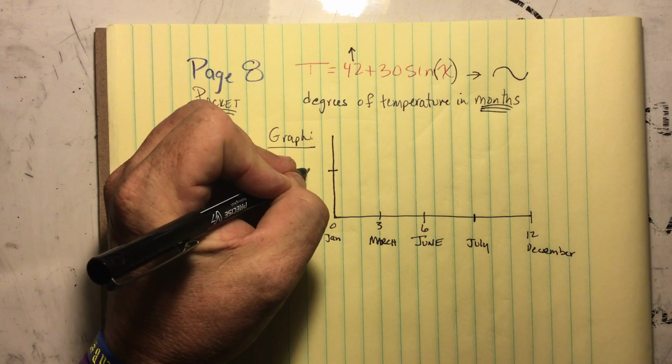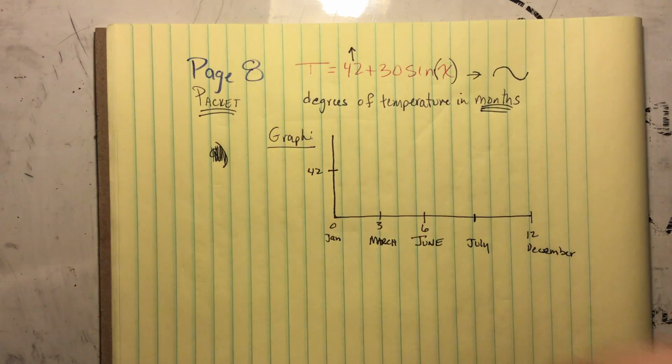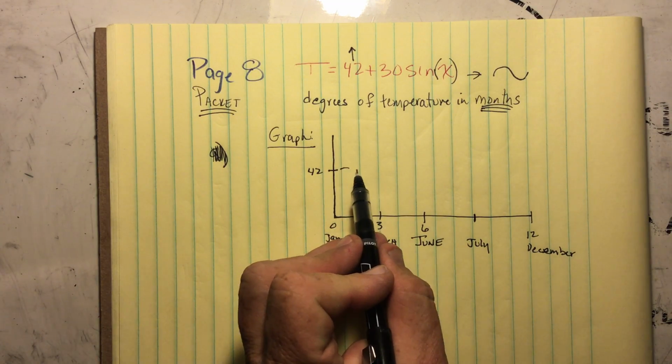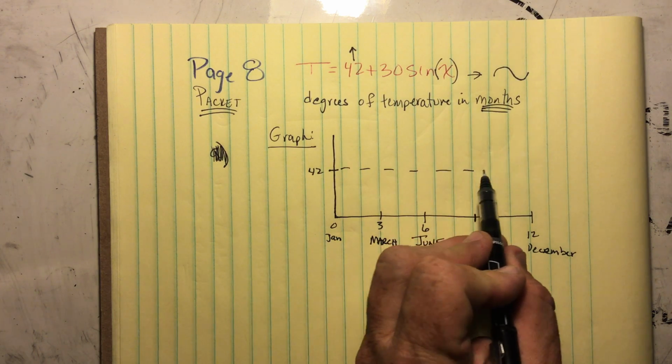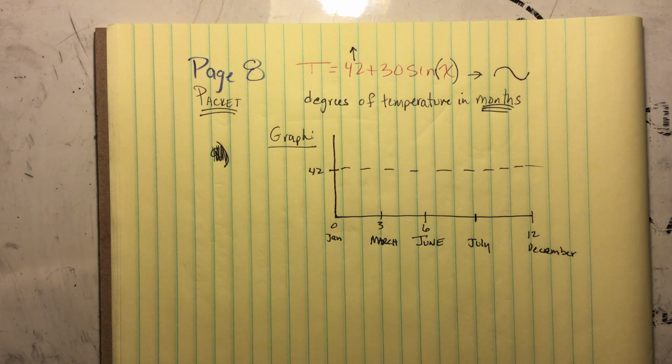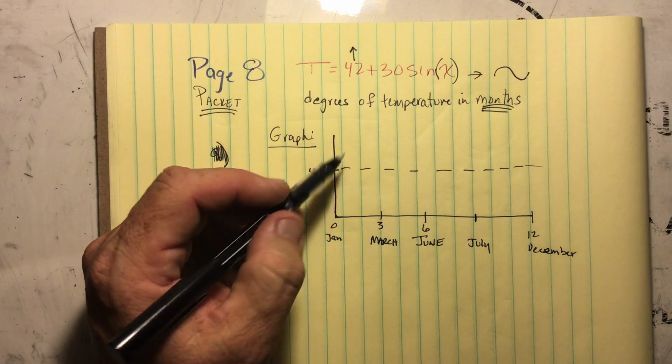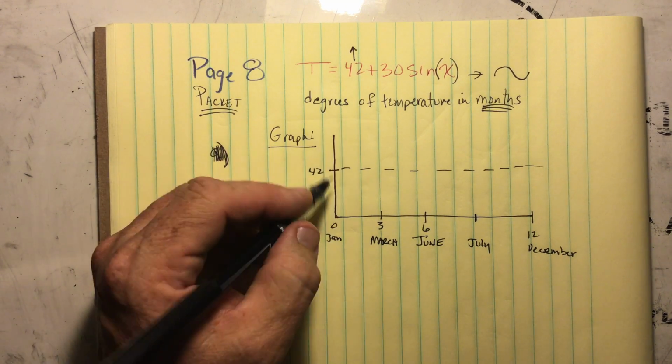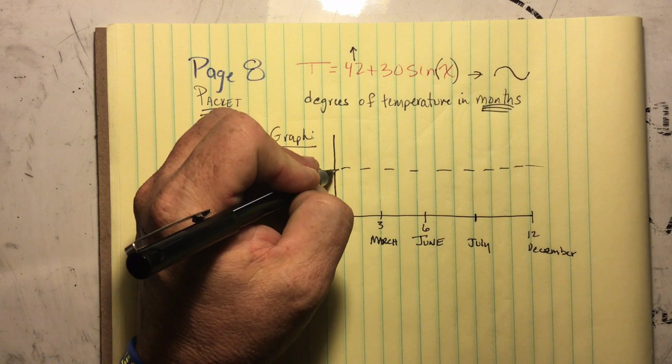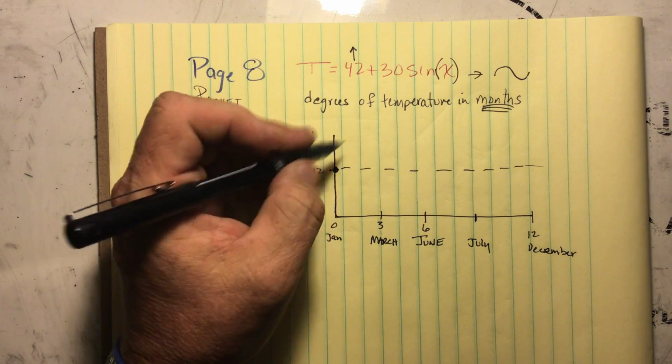So my midline is going to be 42 degrees. So that's my midline. So we'll just draw a nice little dotted line, not very straight, but we'll take it. And then I know my starting point is going to be right here at 42 degrees.